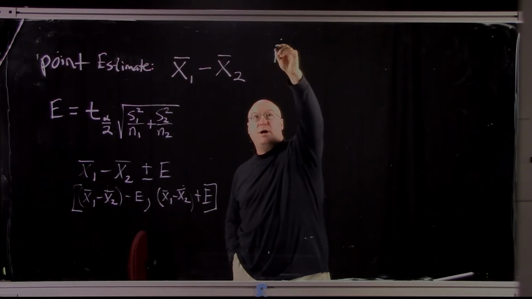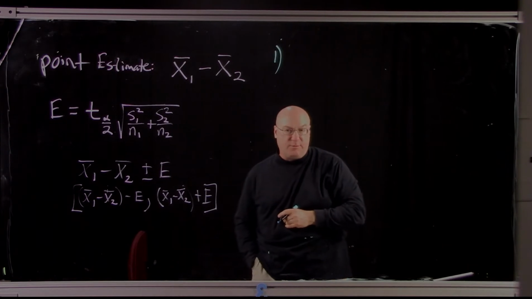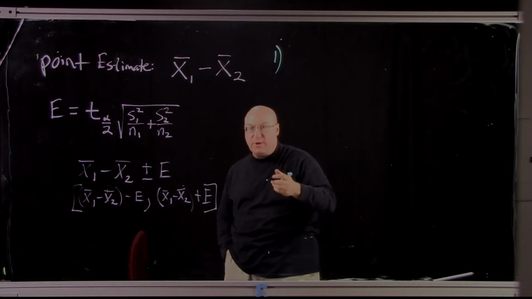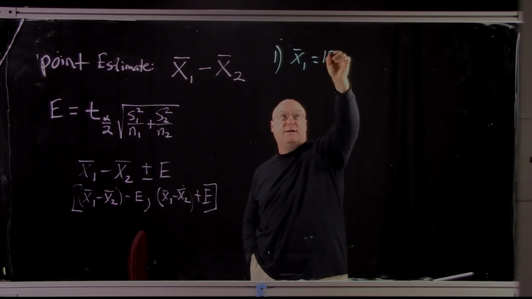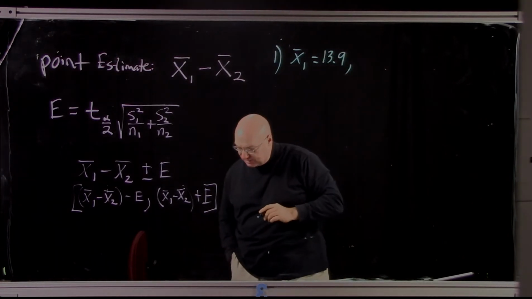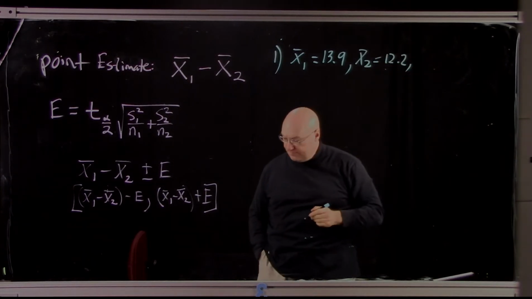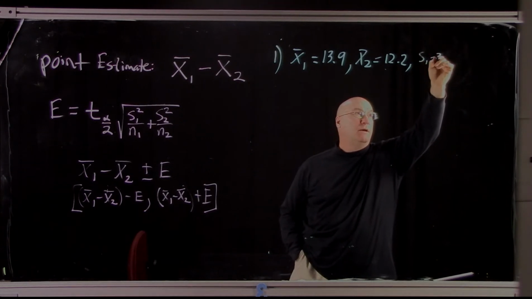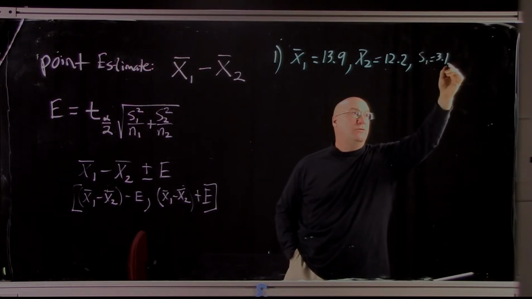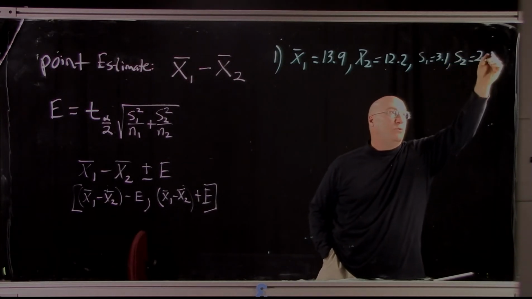And step 1 then is we compute our sample means and our sample standard deviations. So X1 bar is 13.9, X2 bar is 12.2, S1 is 3.1, and S2 is 2.8.